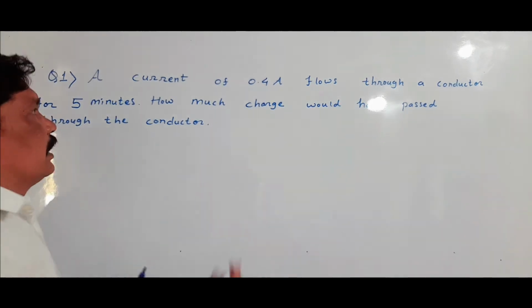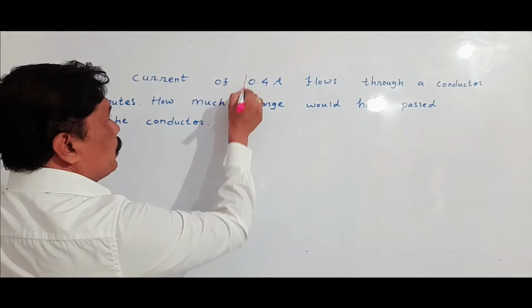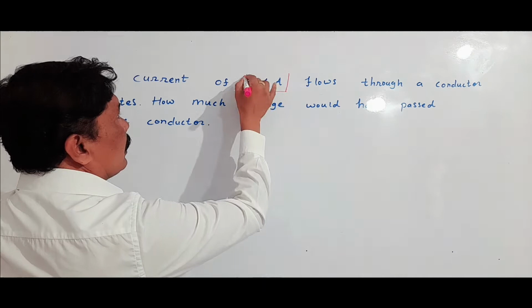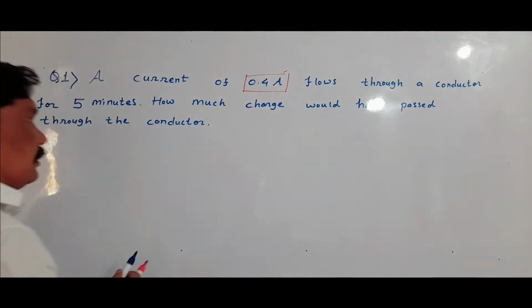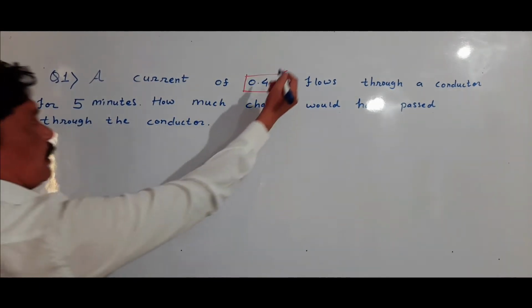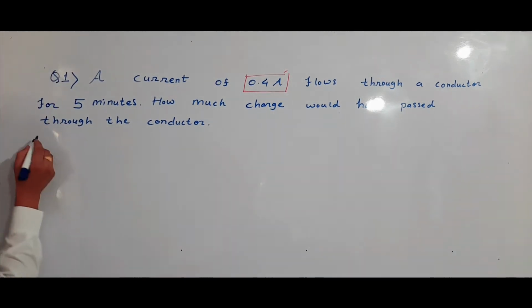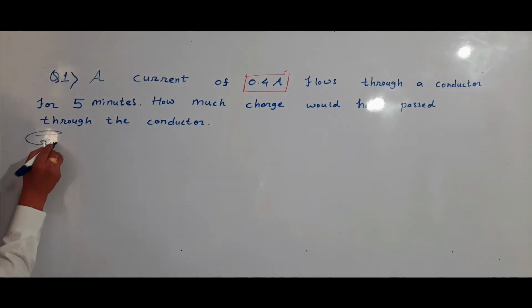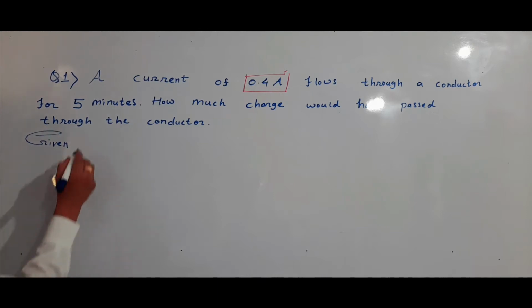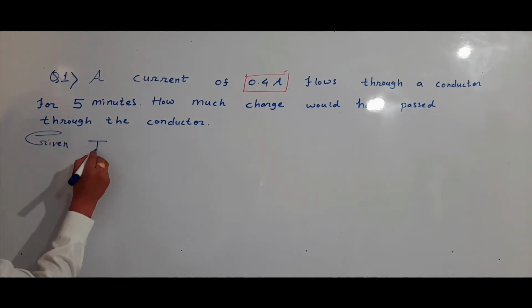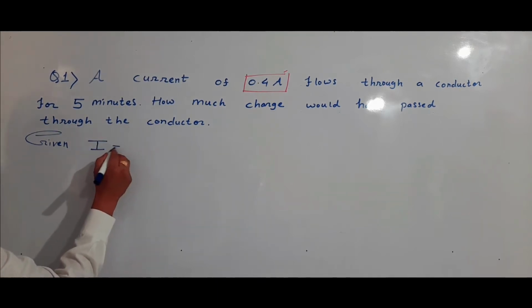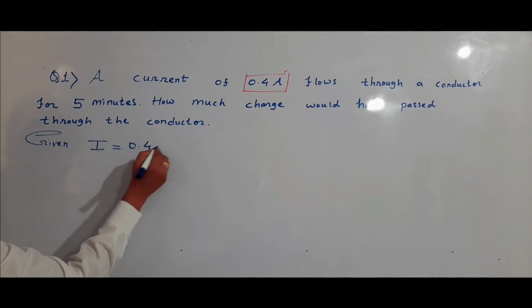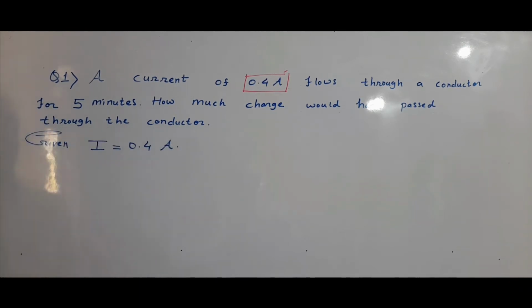My dear student, we have a value 0.4 ampere. Ampere is a unit of current, given. So, we can write current I is equal to 0.4 ampere.